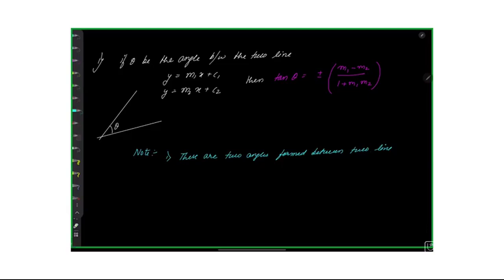So there is not one, but two angles formed between two lines, but usually the acute angle is taken as the angle between the lines.